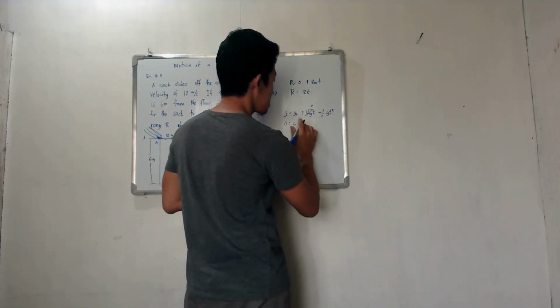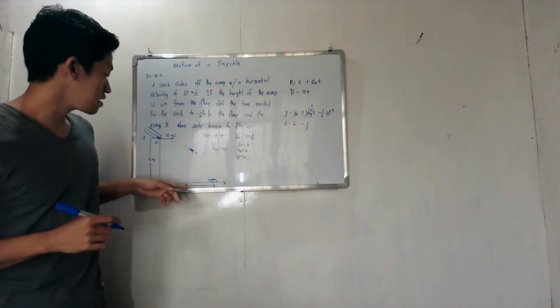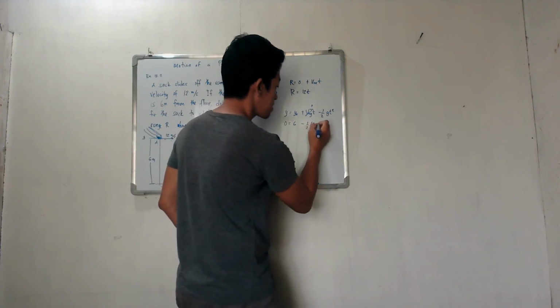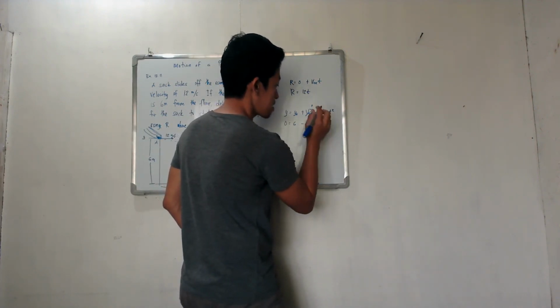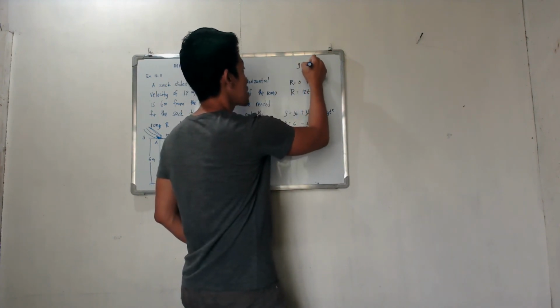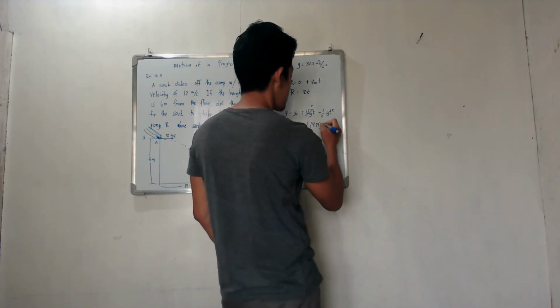Minus 1/2 g t squared. Depending on the given, if it is in meters, we use 9.81 meters per second squared. If in terms of feet, your g is 32.2 feet per second squared.